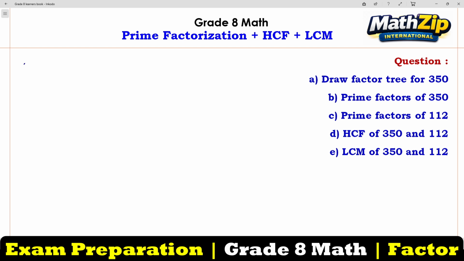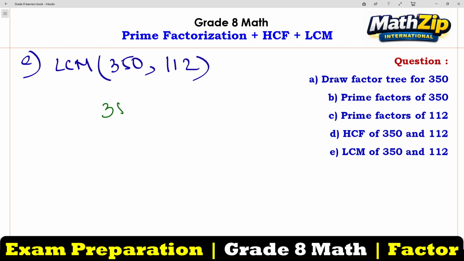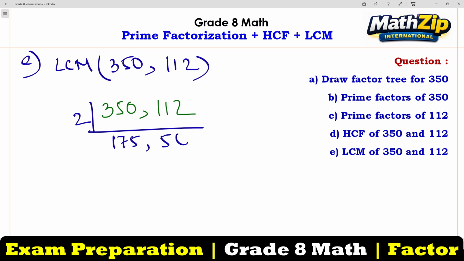Number E, LCM of 350 and 112. We can find this in lots of ways, but the best way is the Euclid method. First we divide both by 2, so here is 175 and here is 56. Which number can we divide by next? 3 is not possible.